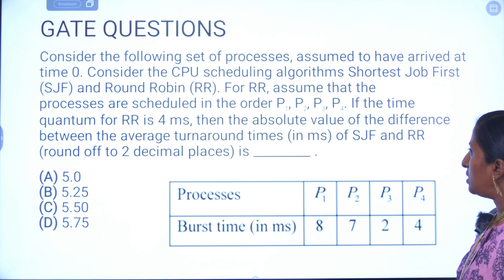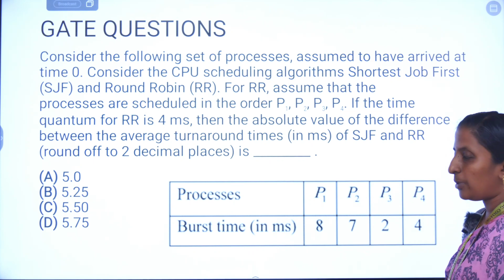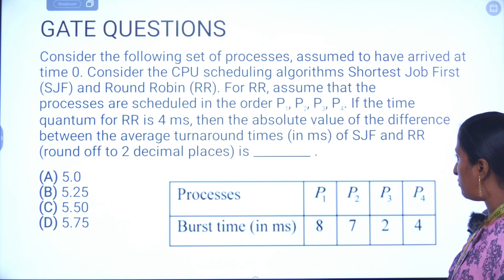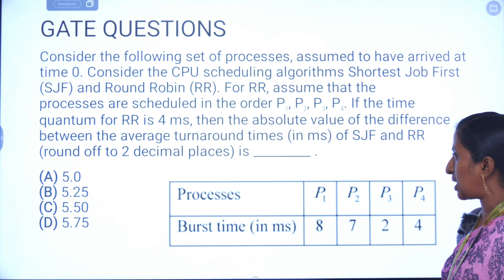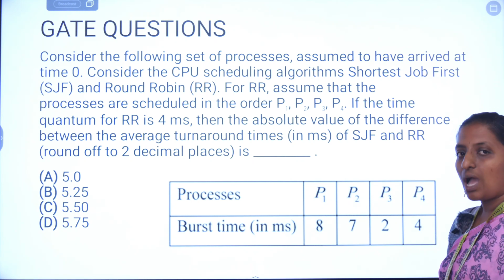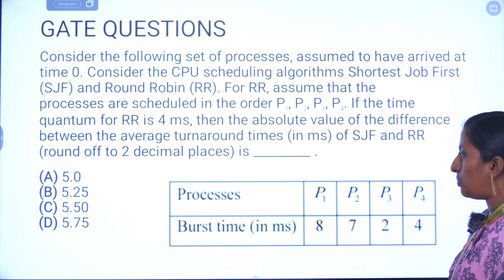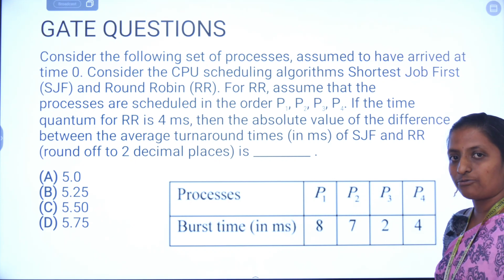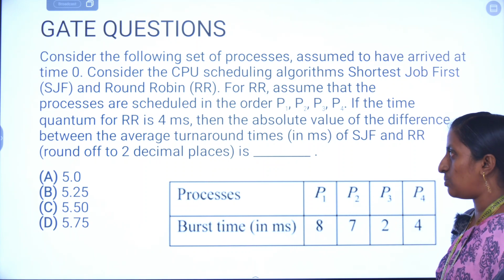For round robin, assume that the processes are scheduled in the order P1, P2, P3, P4. If the time quantum for round robin is 4 milliseconds, then find the absolute value of the difference between the average turnaround time of SJF and round robin. This is the question you have to find, and you have to round off the answer to 2 decimal places.